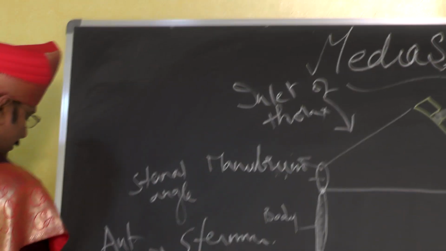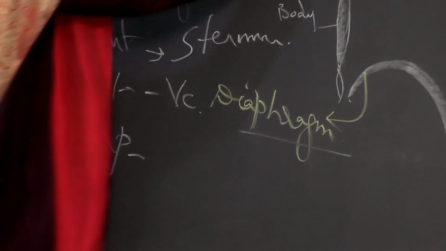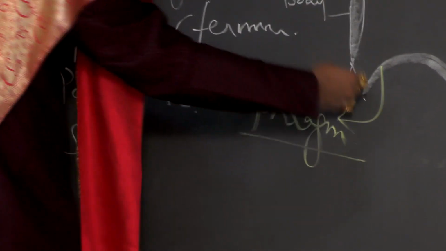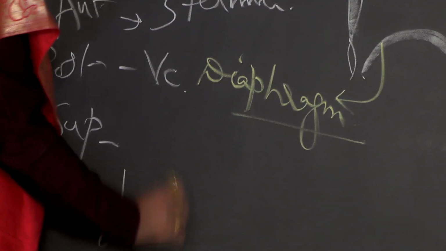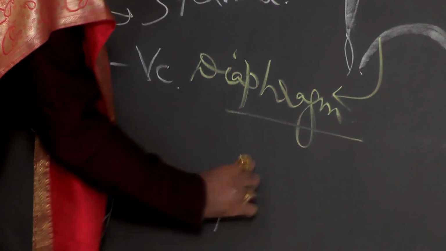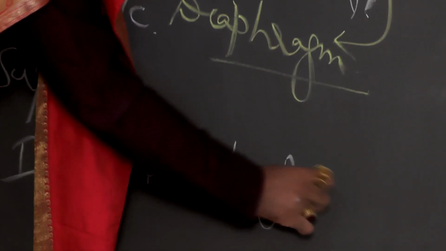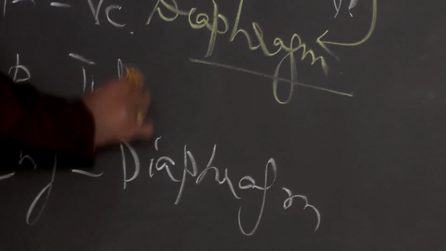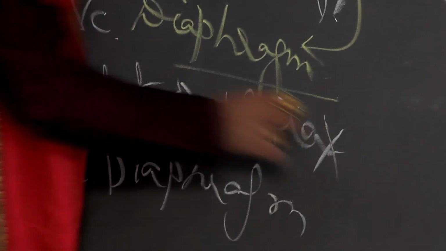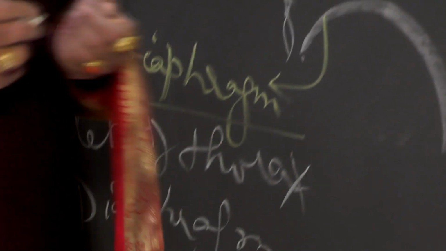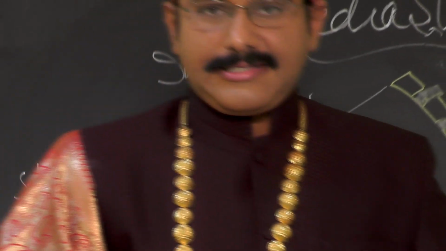Superiorly, you have got the inlet of the thorax, and inferiorly you have got the diaphragm. Are you able to understand? So these are the boundaries of the mediastinum.